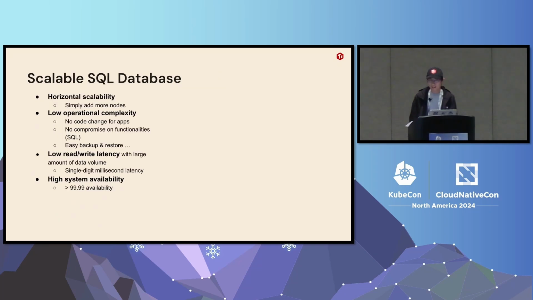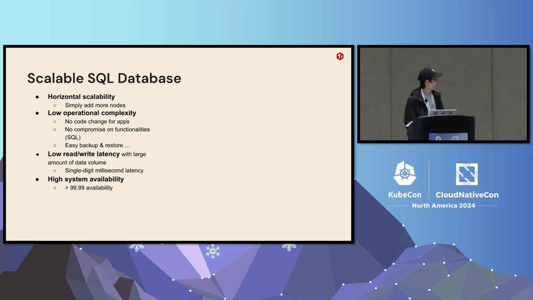So for the past decades, we focused on solving these issues. We want to build a SQL database that is scalable. It means you can simply add nodes to this system, and then everything can go. You don't have to change your application code, and you can use all the SQL you want.